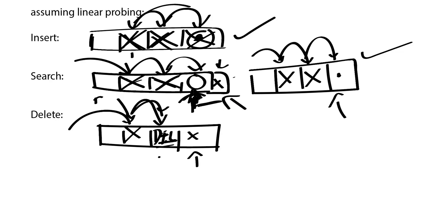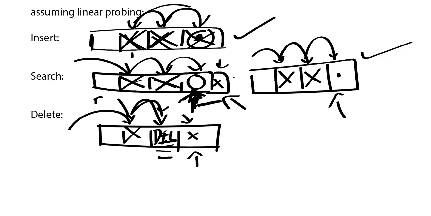In this case where search short circuits, we would have never actually found that when in fact we wanted to. So that's why we have this special delete flag that we put into this slot when we delete something from there and it's free to use by someone else.